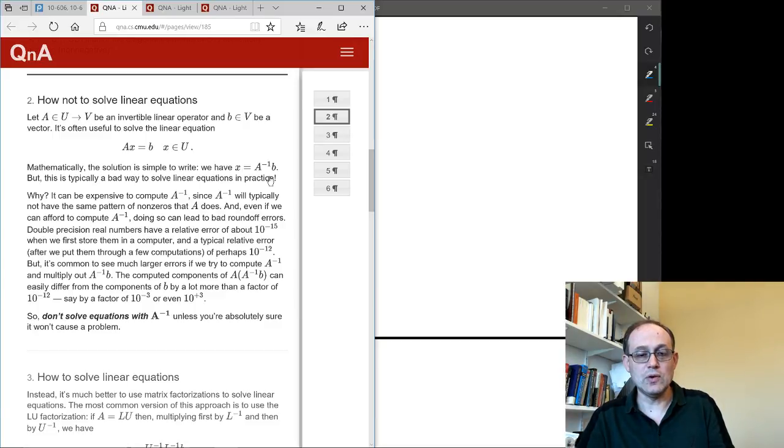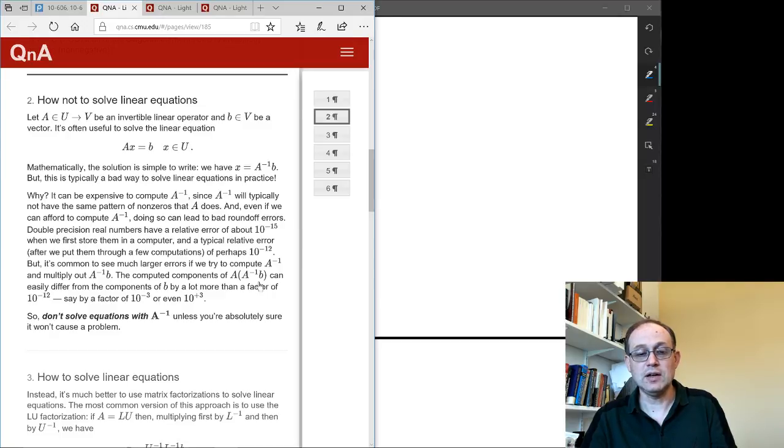Just to put some numbers to this, a double precision floating point number has a relative error of about 10 to the minus 15. And if we do a few computations, maybe a typical error would be 10 to the minus 12.